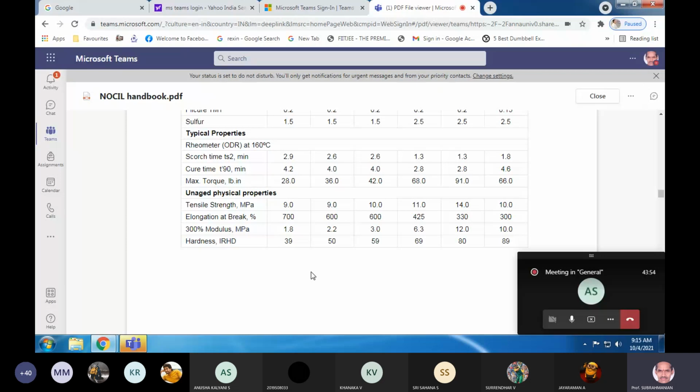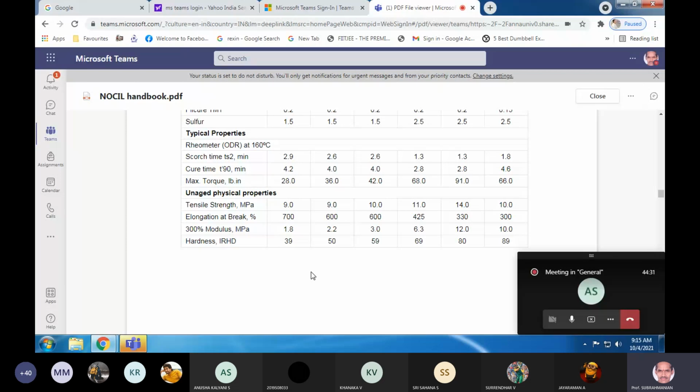And what do we expect out of this formulation or the product? It has to be rubbery. What is rubbery? To support large recoverable deformation, and in this case the deformation in terms of elongation. So look at the elongation, 300%, 700%. And the modulus tells you that the higher the modulus, the better the solid character.